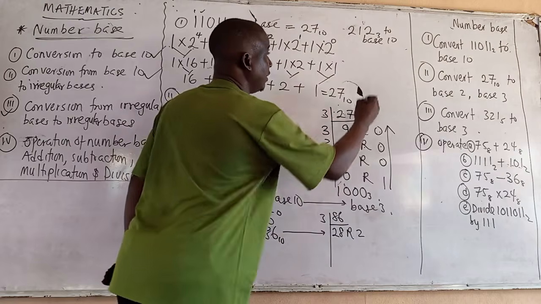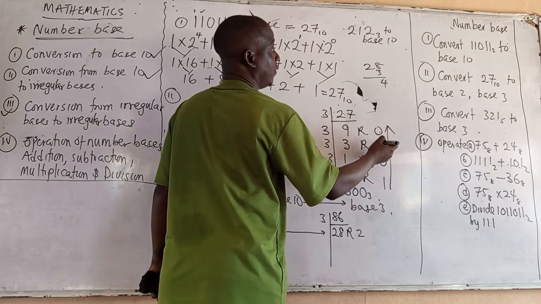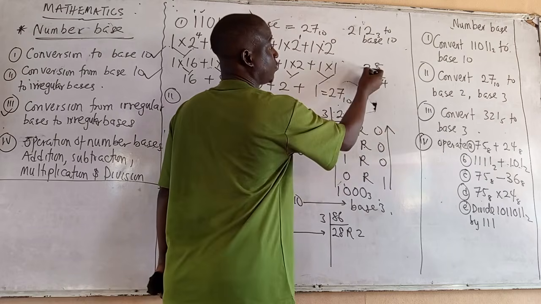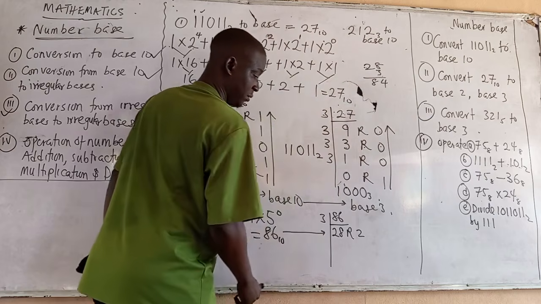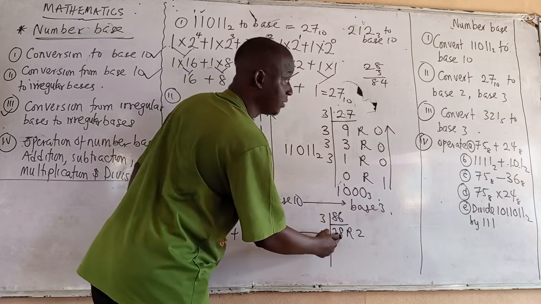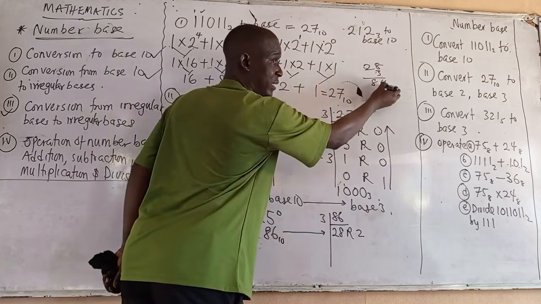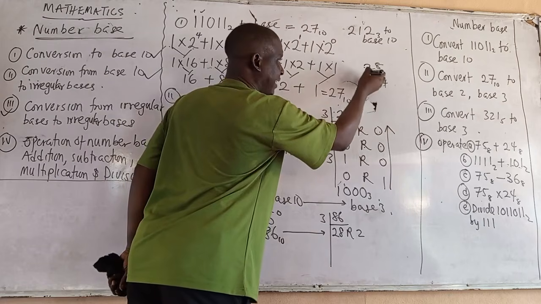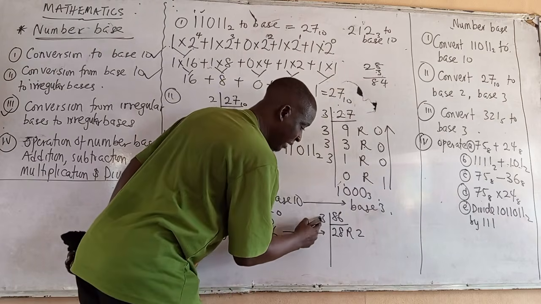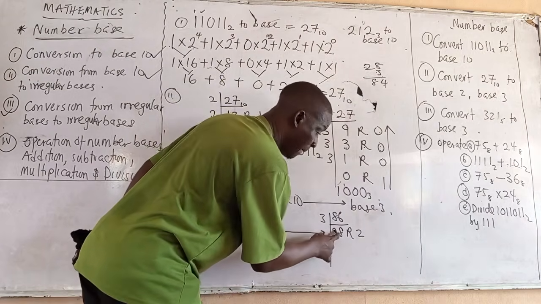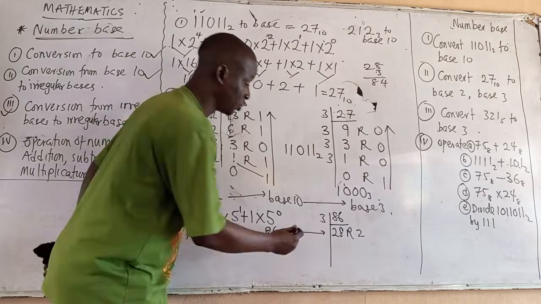If you want to confirm it, 28 times 3: 3 times 8 is 24, carry 2. 2 times 3 is 6, plus 2 is 8. So that is 84, plus 2. So you see that you are on track.